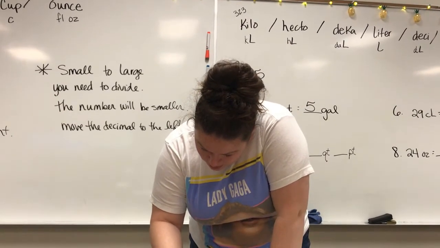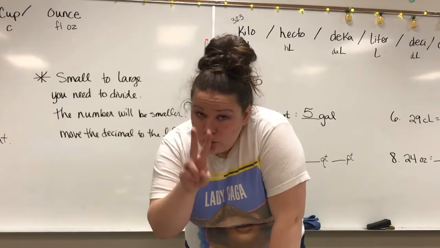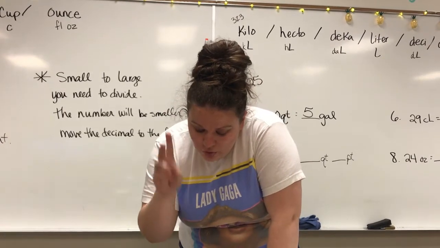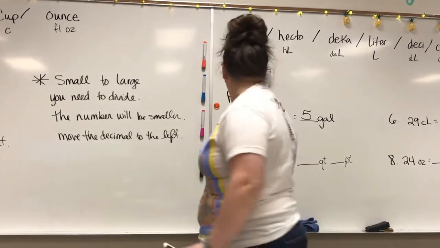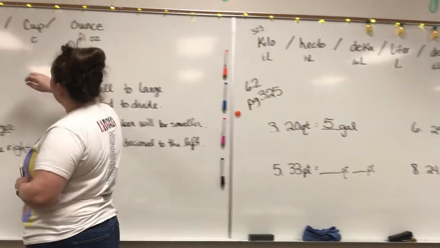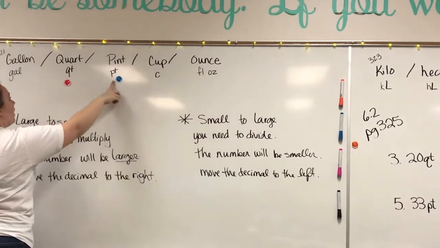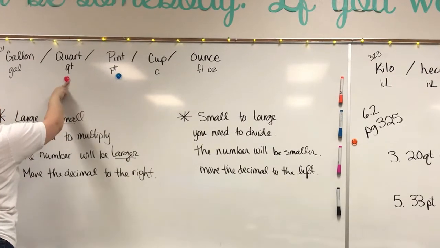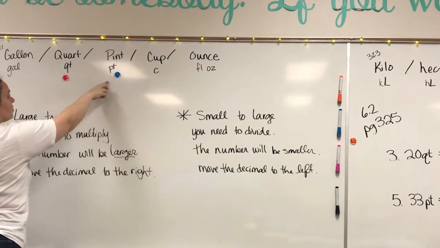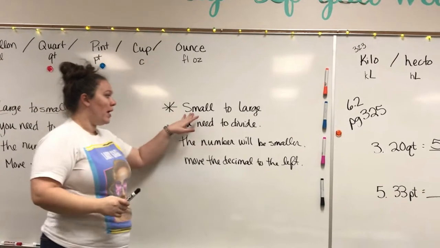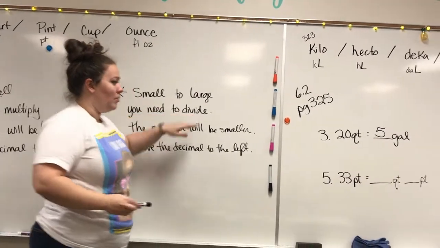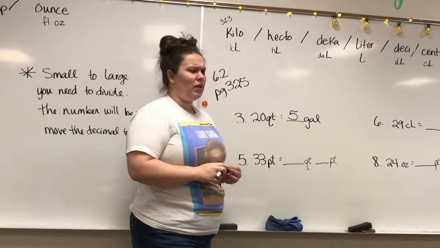Pints and quarts. There are 2 pints for 1 quart. We have a pint and we have a quart. How many pints are in a quart? We went from small to large, so we have to divide again. Okay? And what are we dividing by?